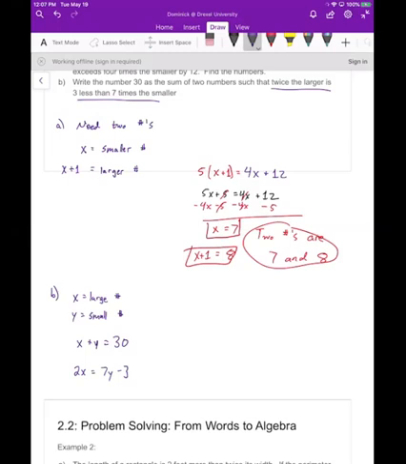All right, so here's what we can do. We can now say, by looking at this first one, that y is equal to 30 minus x, right? So now we can take this quantity we have for y and plug it in here. Now, if we do that, we're going to get that 2x is equal to 7 times y, but we just said that y was 30 minus x.